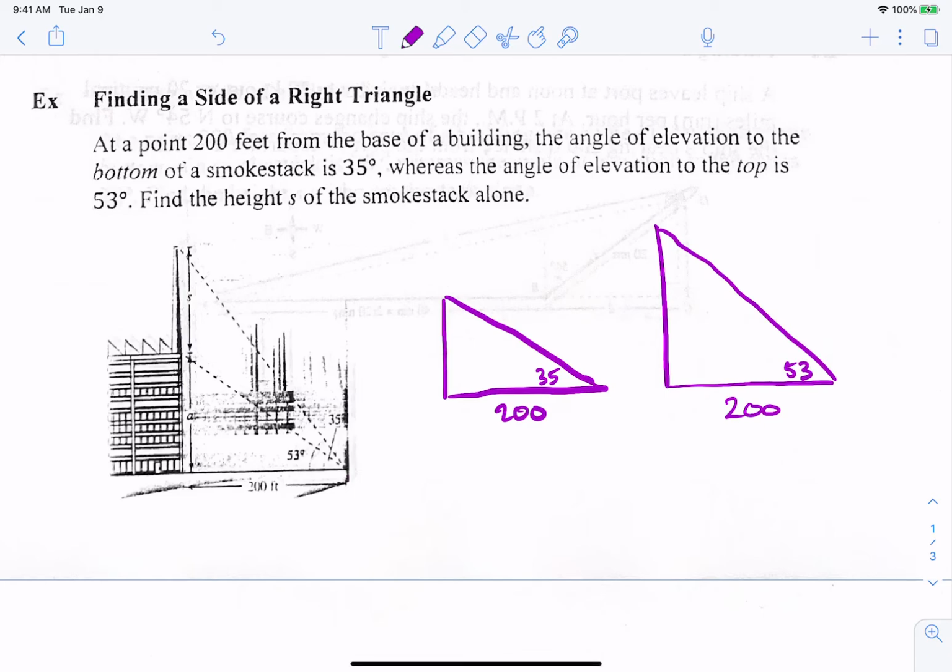They want to know the length of the smokestack, which is the length that's added on to here. It's this length right here. Does that make sense? I'm trying to find the length of that smokestack.